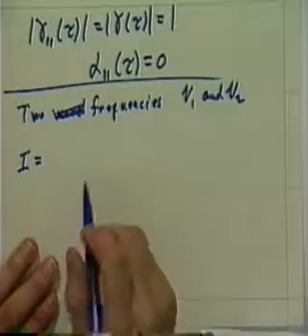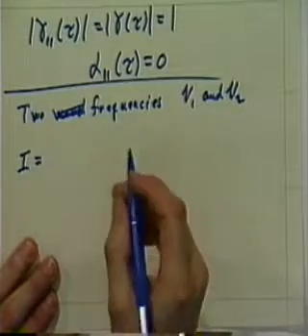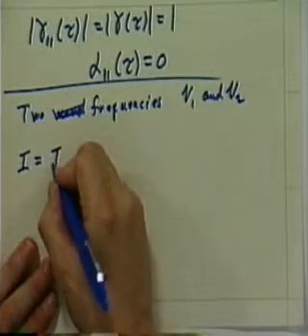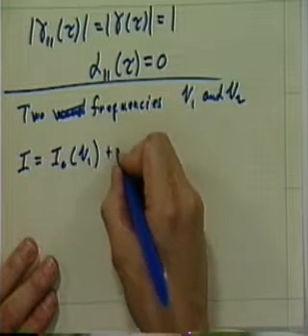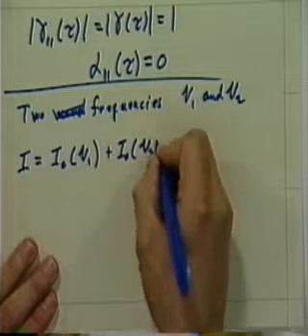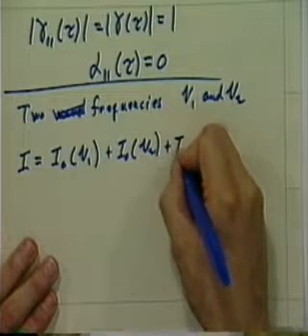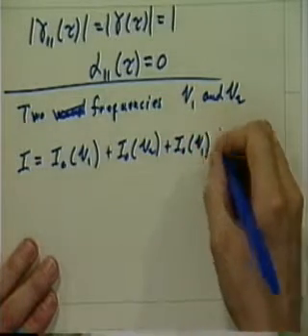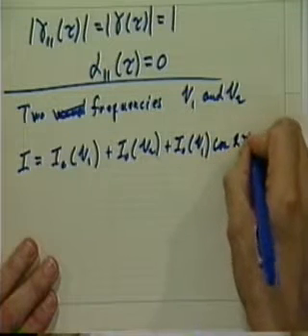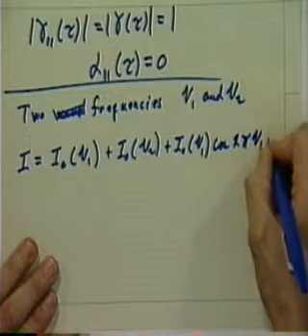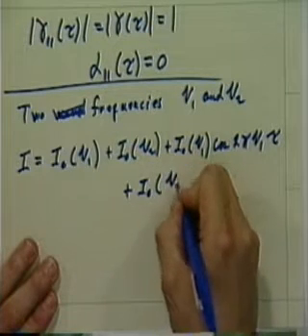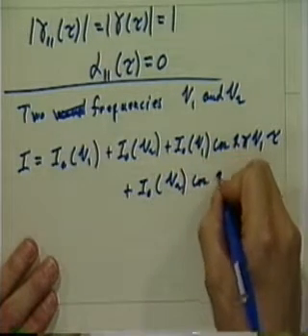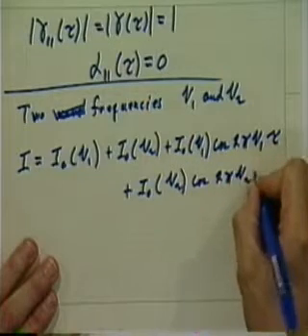And I won't have to worry about the interference between the two frequencies. So I can write that as I naught of nu 1 plus I naught of nu 2 plus I naught nu 1 cosine 2 pi nu 1 times tau plus I naught nu 2 cosine 2 pi nu 2 times tau.